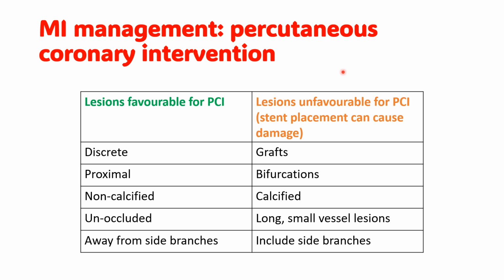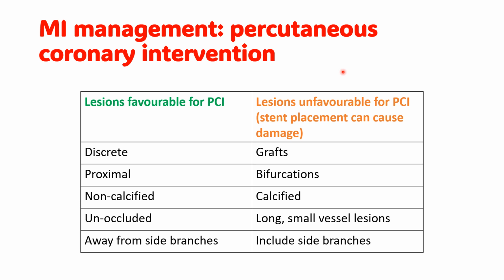And PCI, the different options, there can be plain balloon angioplasty. So a balloon inflates, helping to increase the diameter and reduce that stenosis. Although the balloon can recoil and you can have restenosis.